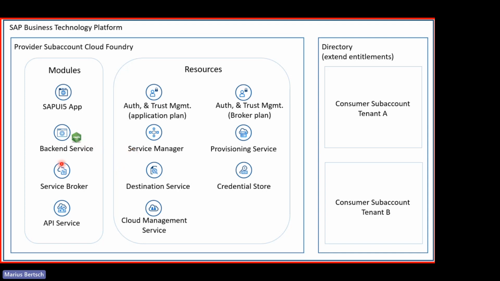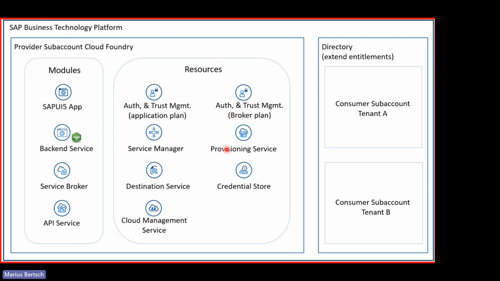Here we create our own API service, which we use to access the data of individual tenants in each consumer sub-account. And for your knowledge, in a multi-tenancy environment, each consumer sub-account gets its own instance of that API service to get access to data.